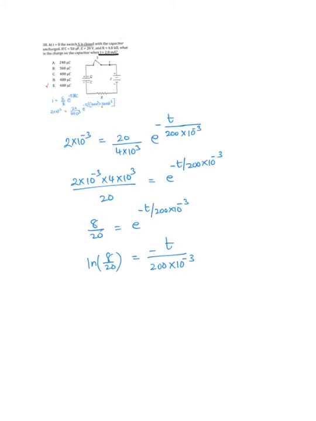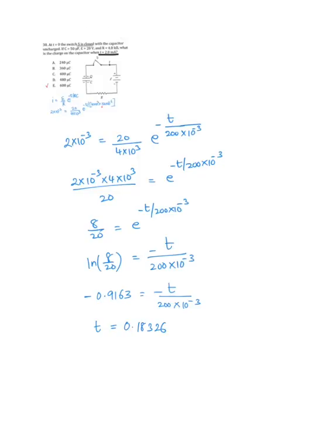Let me quickly solve this. ln of 8 divided by 20 comes out as negative 0.9163, equal to negative t over 200 into 10 to the power of negative 3. So 0.9163 multiplied by 200 multiplied by 10 to the power of negative 3, so t comes out as 0.18326.